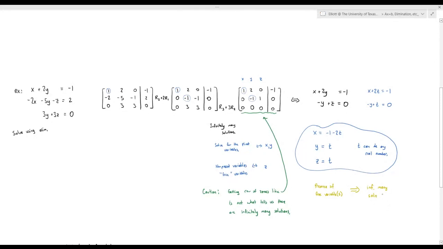Okay. And specifically, this convention that we followed, that the free variables, if we always choose them from the non-pivot variables, then essentially you'll know you have a free variable whenever there is a column that's missing a pivot.